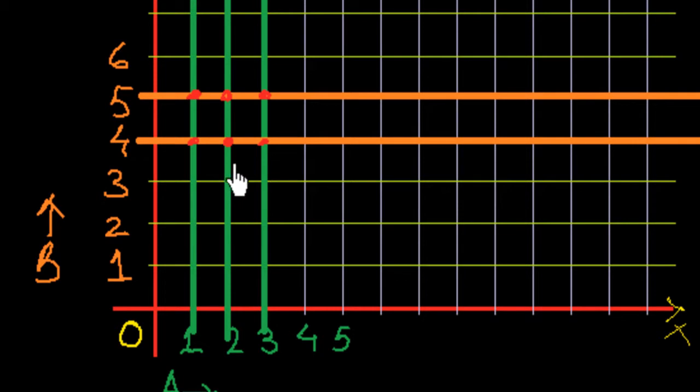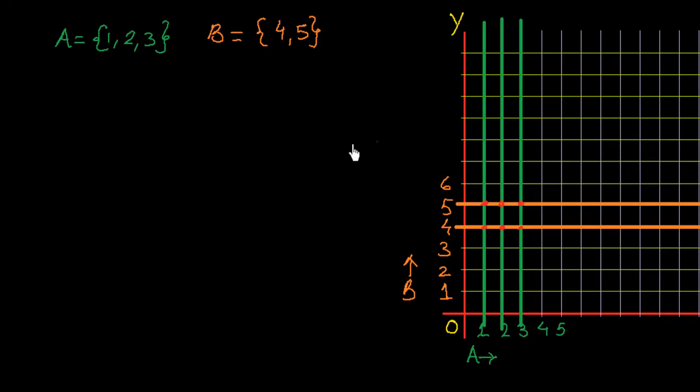We find the coordinates of these points. The set of these coordinates gives the relation from A to B, that is, A cross B. We write it this way: the coordinates of this point would be (1, 4), because we always put the value of the x coordinate first and the value of the y coordinate later.